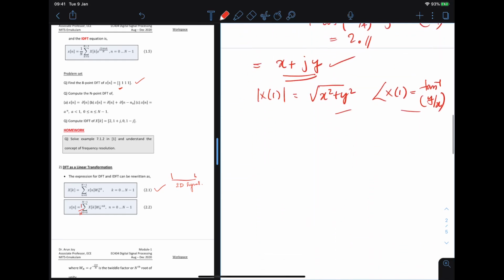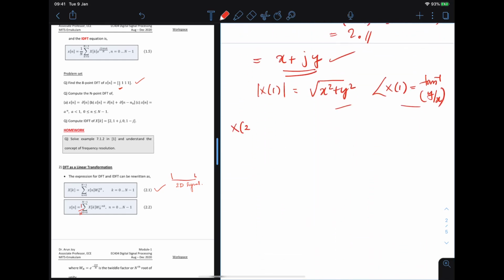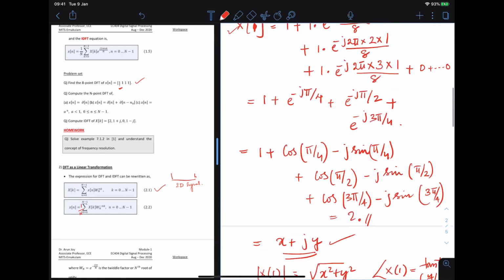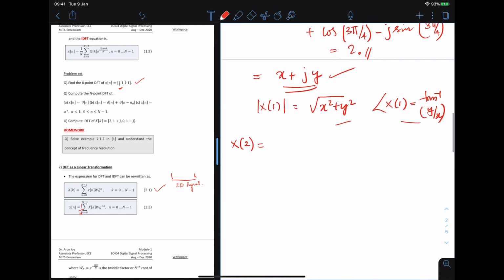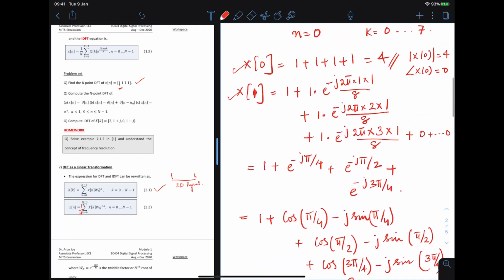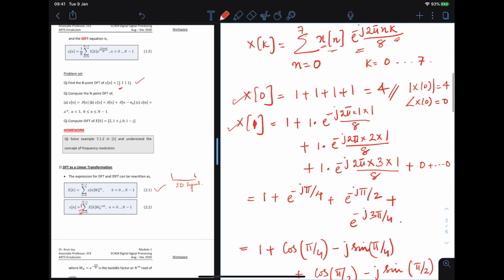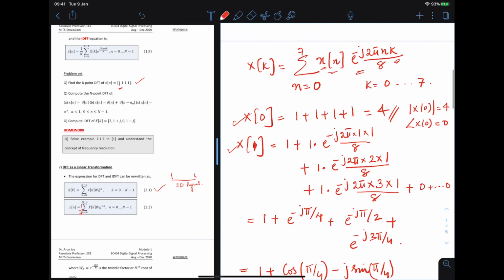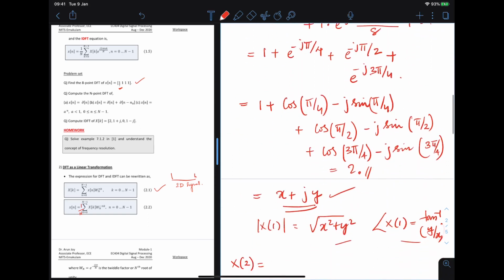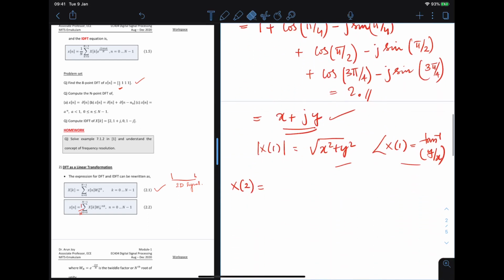Similarly, let us go to the next sample, X of 2. Again, for the first sample there will be no influence of e raised to j because n equal to 0. So whatever is there in small x of 0 will be your answer.